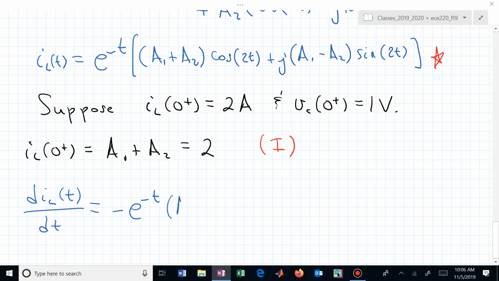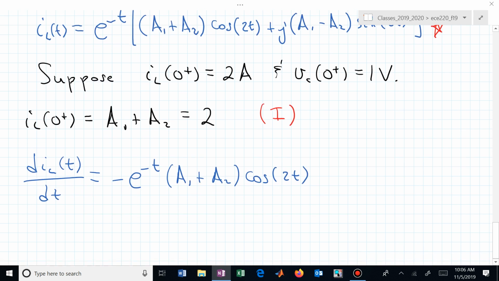So now I have a1 plus a2 cosine of 2t plus the first, e to the minus t, times the derivative of the second. What's the derivative of cosine? Minus sine, so I'll change that, and I have to differentiate the argument, 2t, with respect to time. I now have minus 2 sine of 2t.